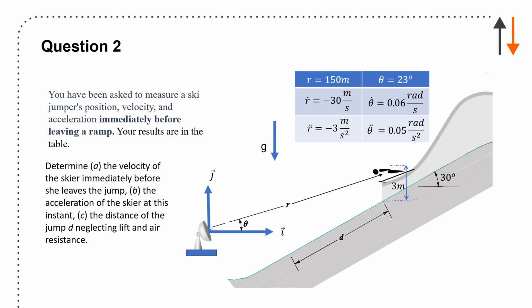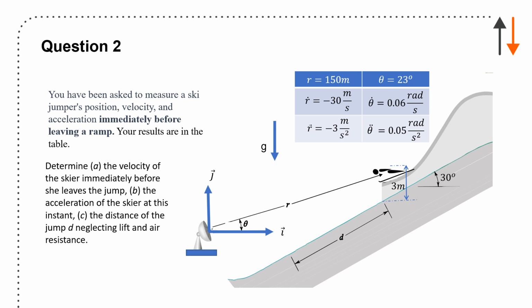In the second question, you're asked to measure a ski jumper's position, velocity, and acceleration immediately before leaving the ramp. Your results are in the table: r dot, r double dot, theta, theta dot, theta double dot. You get numerical values for each.